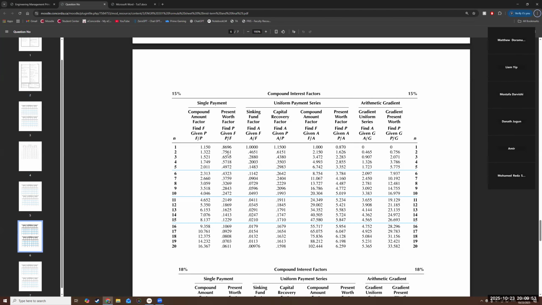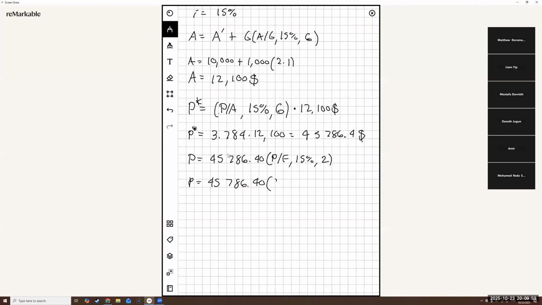P/F, 2 years, 15% interest rate, it's 0.7561. Therefore, our final answer will be $34,616.29.